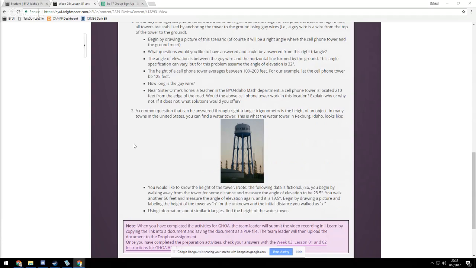We have the right angle and we have the 23.5 angle. 23.5 from 90 is 66.5. So that's our third angle.